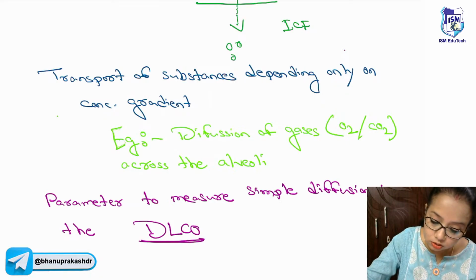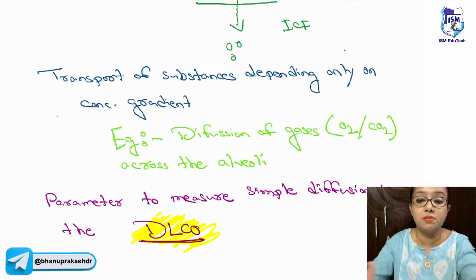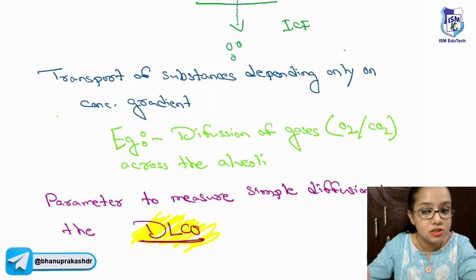So, this is the tool, the method by which we calculate or measure the diffusing capacity of a gas across the alveoli.